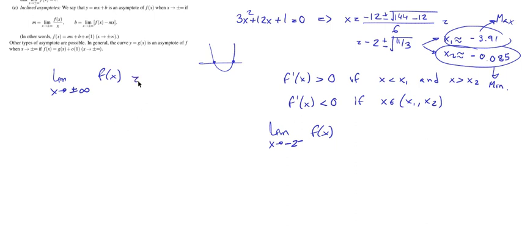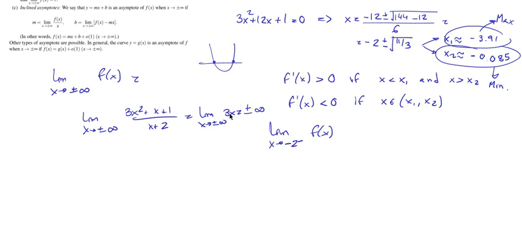This function is 3x squared plus x plus 1 divided by x plus 2, and we see that this is going to be the limit of 3x when x goes to plus minus infinity, so it's going to be plus infinity when it goes to plus infinity and minus infinity when it goes to minus infinity, okay?